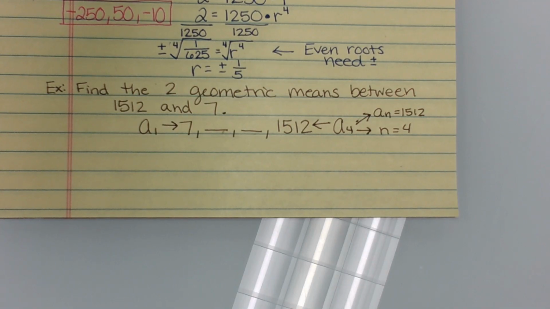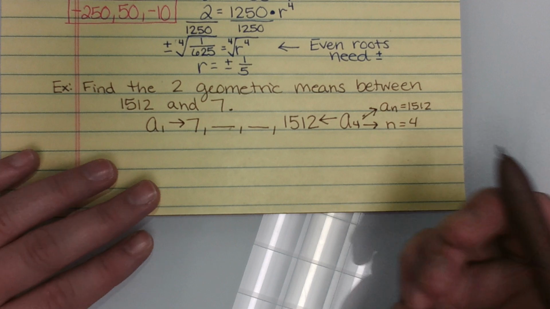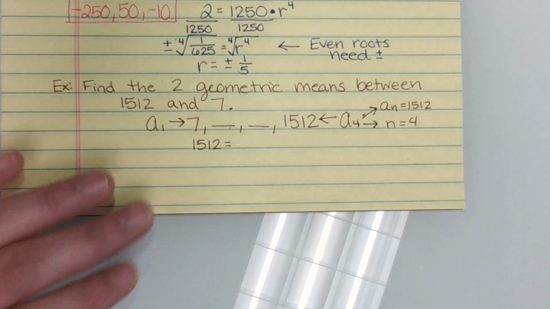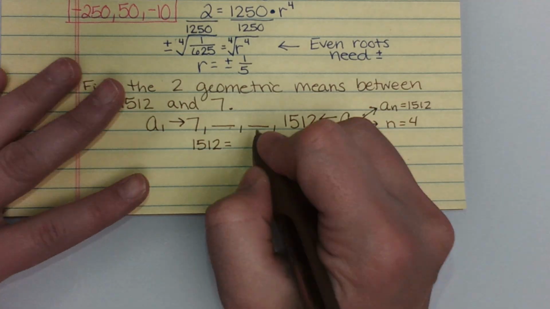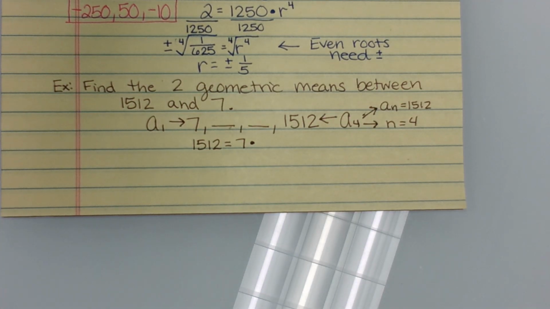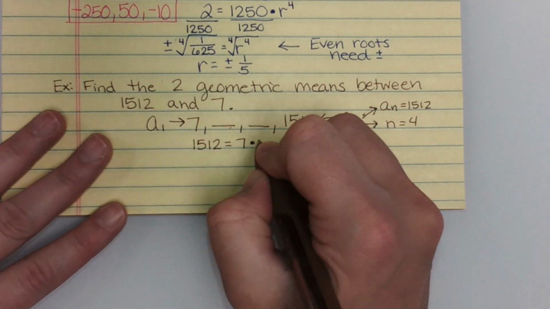Then what? Plug it into the formula. Formula starts with A sub n. We just said that was going to be 15, 12. Equals. Then it goes A sub 1. We said that was 7. Times. What's R? R, that's the problem.